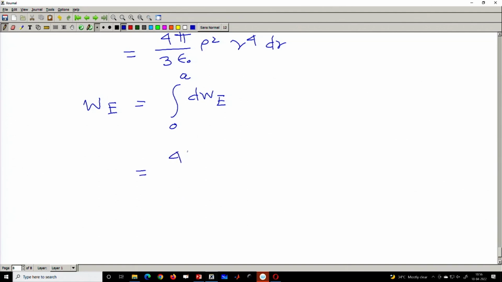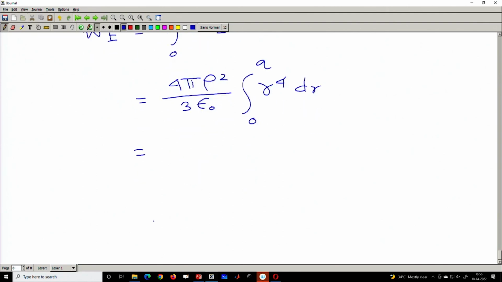It is 4 pi rho square divided by 3 epsilon 0, this is a constant, and then r to the power 4 from 0 to a dr, and that quantity is r to the power 5 divided by 5. So, simply we have 4 pi rho square divided by 15 epsilon 0 and then a to the power 5.